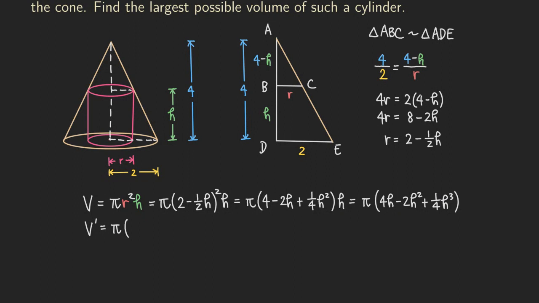And then we take the derivative, which will become 4, minus 4H, and then plus 3 over 4 H squared.